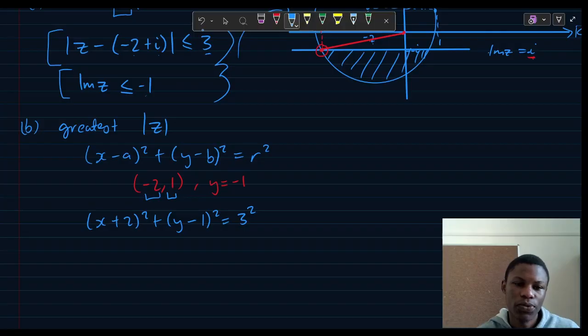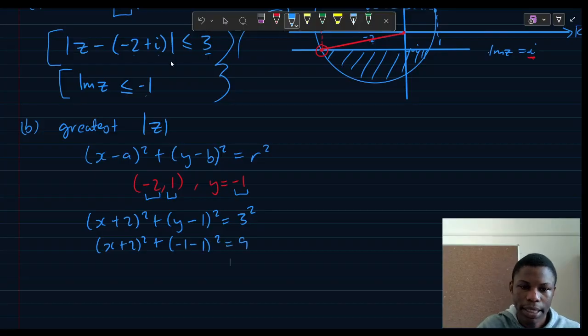Now we want to figure out what x is when y is negative 1, because that's the real part of this point. So we've got x plus 2 squared plus negative 1 squared is equal to 3 squared, which is 9.